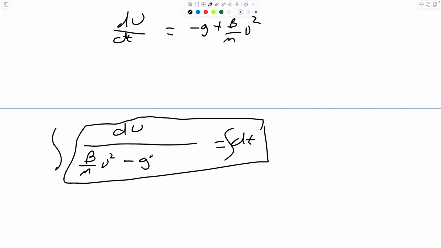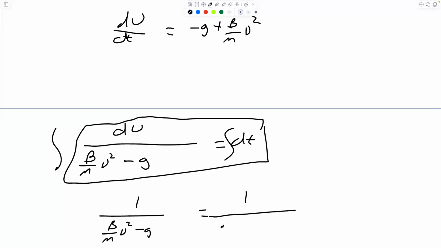We've got to do a partial fraction decomposition on this. This is where it gets ugly. I want to write 1 over beta over m v squared minus g. Think of this like a difference of squares.